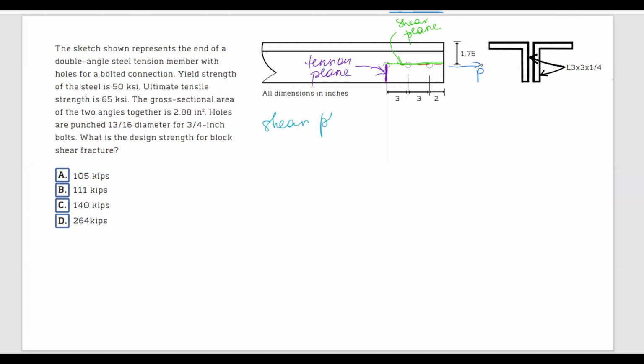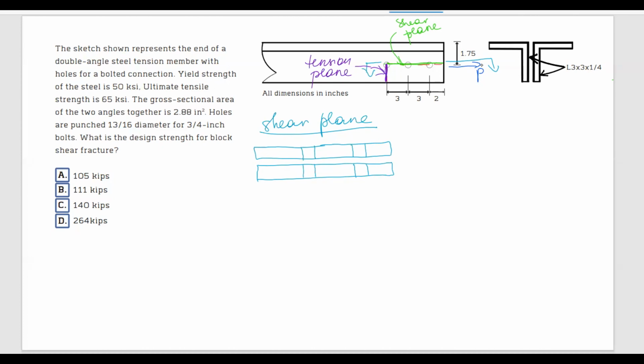So now let's talk about the shear plane and draw it, because we're going to have to calculate the areas. If I do a section here, I'm going to get something that looks like this. And I have two of these because we have double angles. I have a hole here and then another one here.